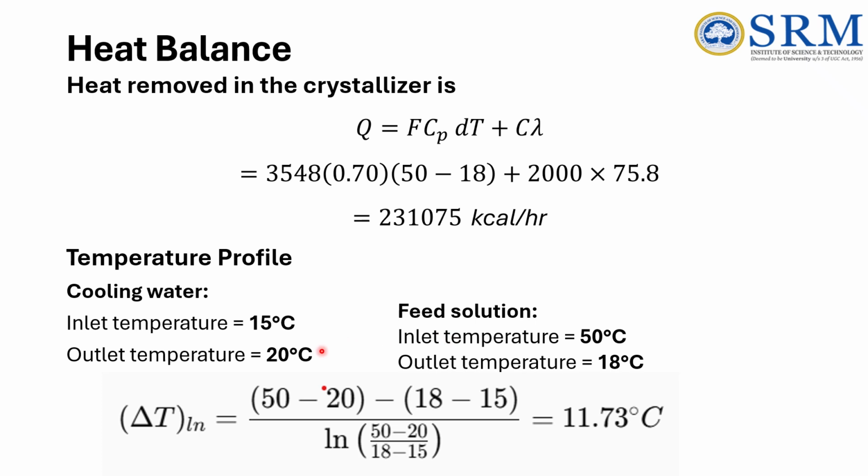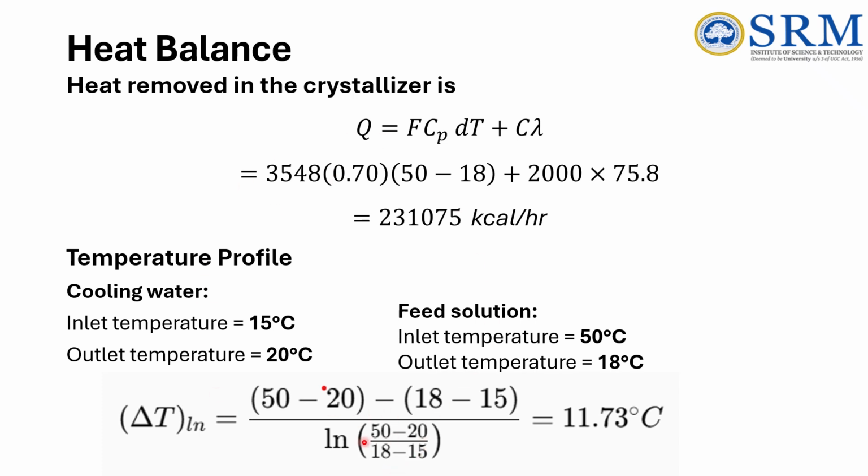So it is inlet of feed minus outlet of water, and outlet of feed minus inlet of water. That's what has been substituted. So you find 50 minus 20, and 18 minus 5, and divide by the consecutive ln values to get the logarithmic temperature difference. So here we have calculated Q and also delta T.